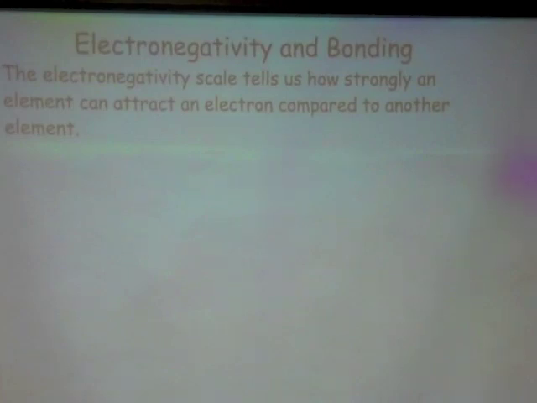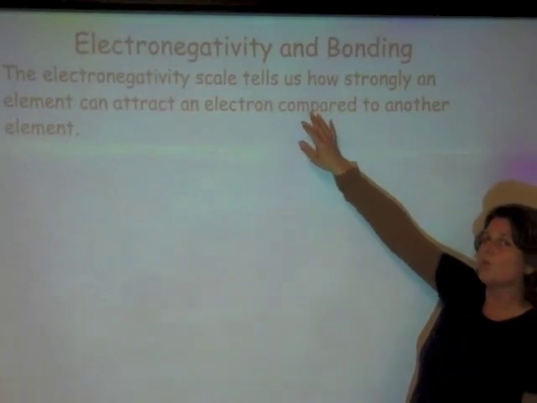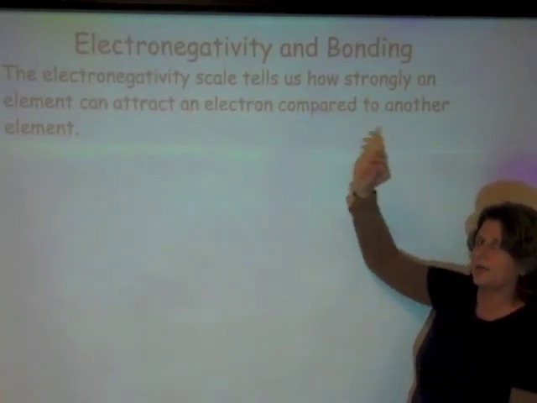The electronegativity scale tells us how strongly an element can attract an electron compared to another element. So the electronegativity scale is relative, okay? It is comparing one to another. It's relative to another element.